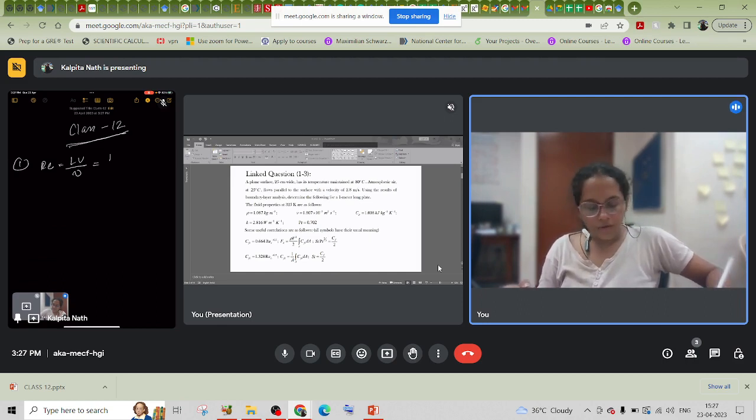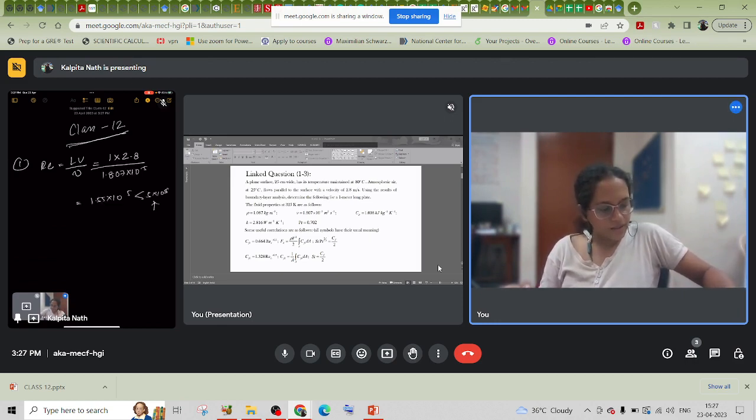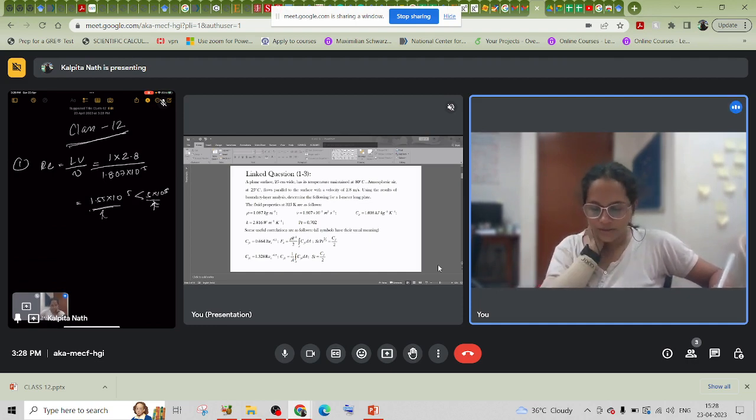This gives us 1.55 into 10 to the power 5, that is less than 5 into 10 to the power 5. This is the transition Reynolds number, so the critical Reynolds number. What happens above this? There is turbulent flow, and below this there is laminar flow. So this flow is laminar.